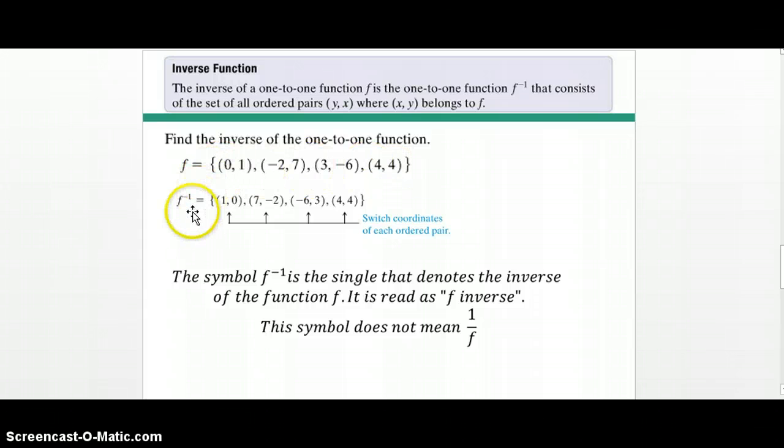To find the ordered pairs for f inverse, switch the coordinates of each ordered pair of the function f. Here the x coordinate 0 becomes the y coordinate for f inverse, and the y coordinate 1 becomes the x coordinate for f inverse. Similarly for the other ordered pairs.